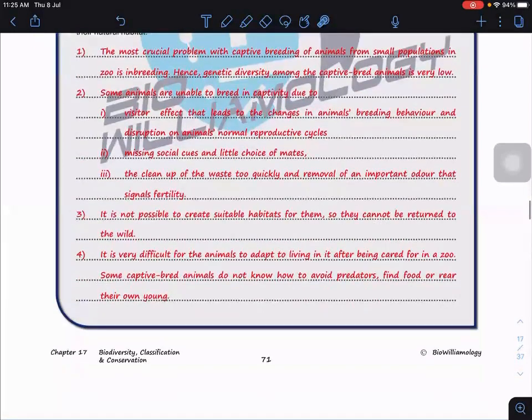Because they are too adapted to living after being cared for in the zoo, so they are already so comfortable staying in the zoo, and when you release them, they have lost particular skills. For example, how to avoid the predator, how to find the food resources, or how to rear their own young. They already lost those skills. So we won't be able to return them.